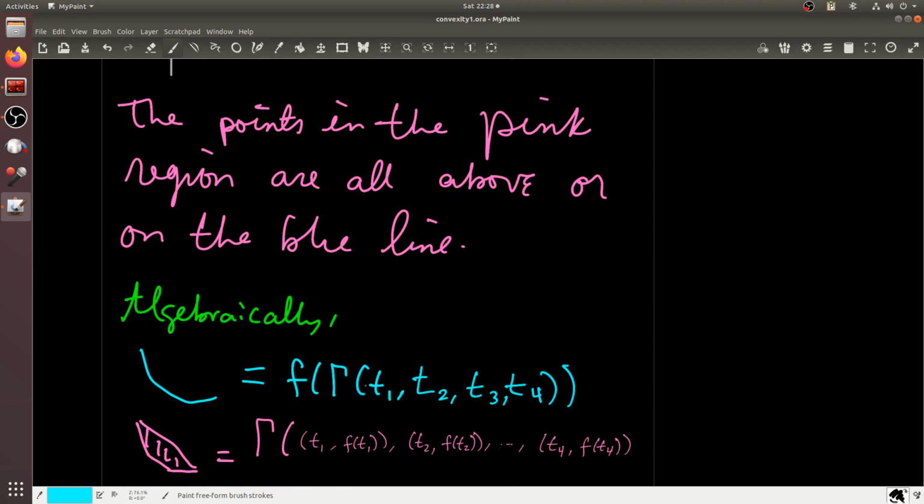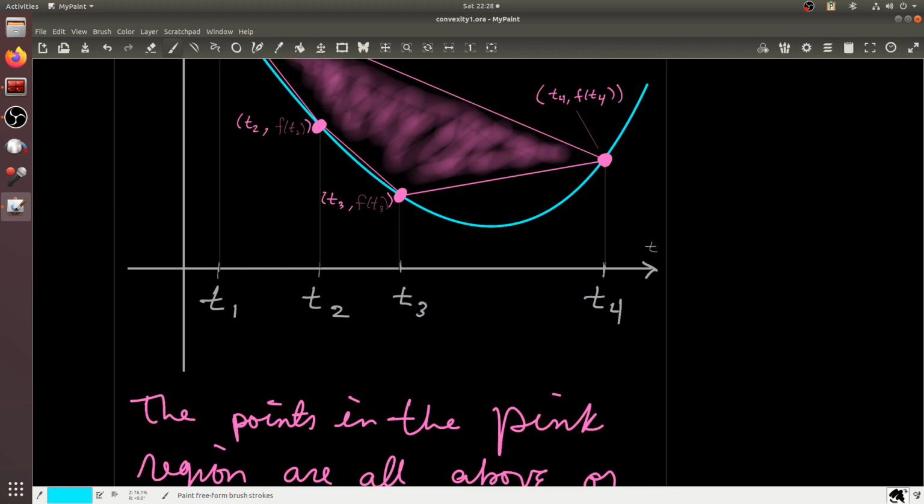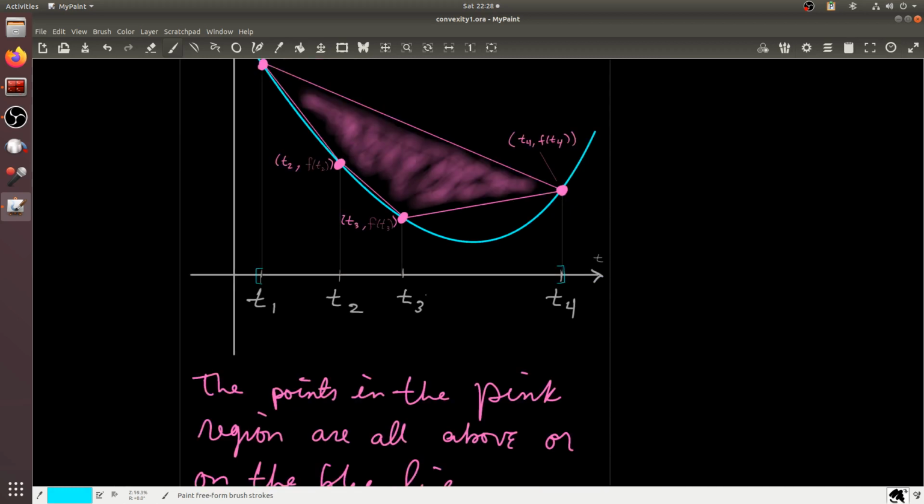Algebraically, this is f of gamma of T1, T2, T3, T4. Gamma of T1, T2, T3, T4, that is this interval. So it's the convex hull of T1, T2, T3, and T4. Of course, that's just the convex hull of T1 and T4, since T2 and T3 are in the convex hull, so really adding them doesn't do anything.